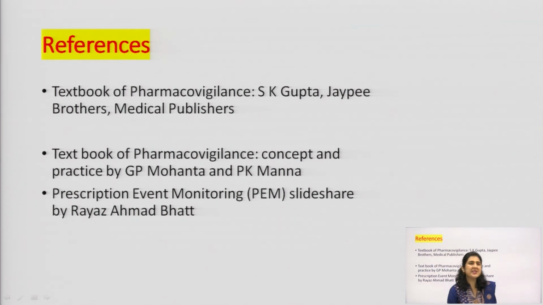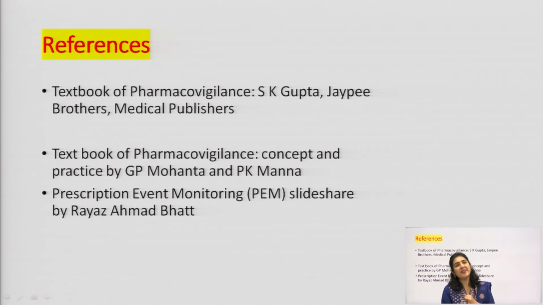So, let me just do the recap. First of all, in active surveillance we have seen that active measures are taken to collect the information. The first one was cohort event monitoring, which is also called prescription event monitoring. It was started by Bill Inman. Then we saw registries. They can be disease registries, drug registries, or pregnancy registries, based upon the exposures.